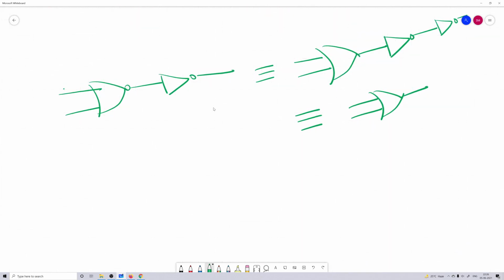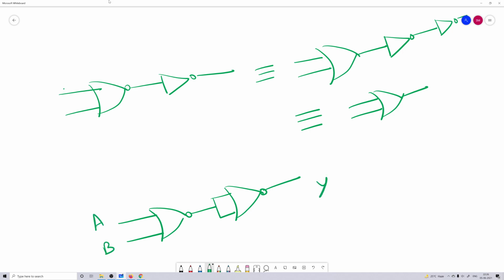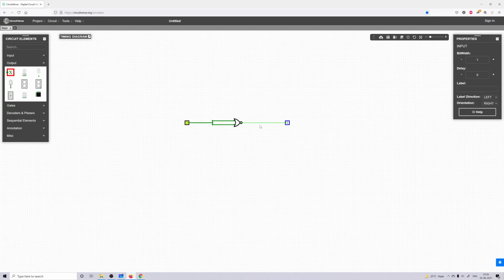So instead of a NOT gate directly, we will use an inverter made using the NOR gate, as we are restricted to the use of NOR gates only. So this would be our OR gate. Let us verify this using our simulator.